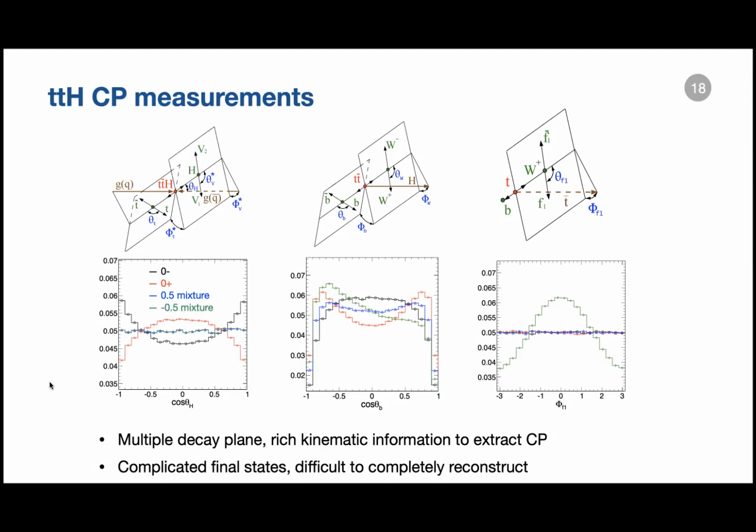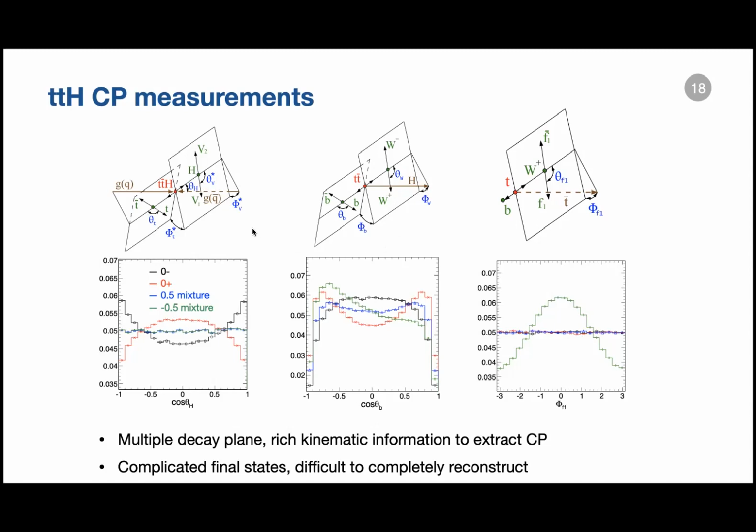So ttH also gives you a very good signature to probe the CP. If you focus on ttH production, you could have multiple planes that probe the CP nature of the Higgs: the ttH production plane, the t t-bar decay plane, and the top decay plane.